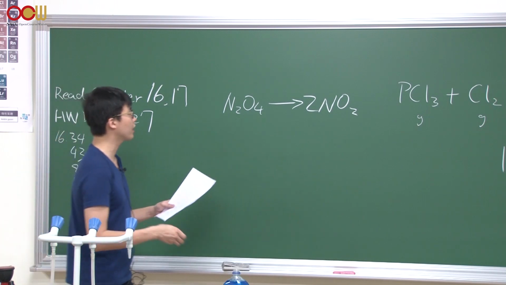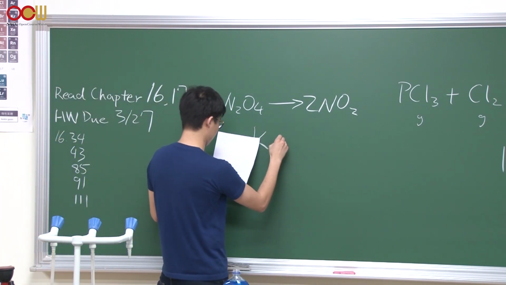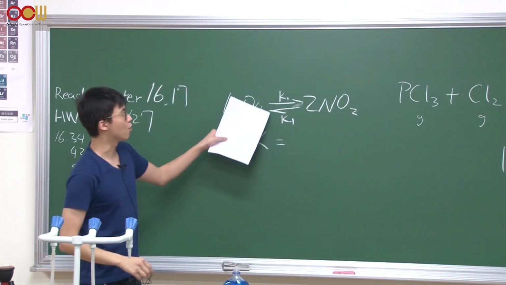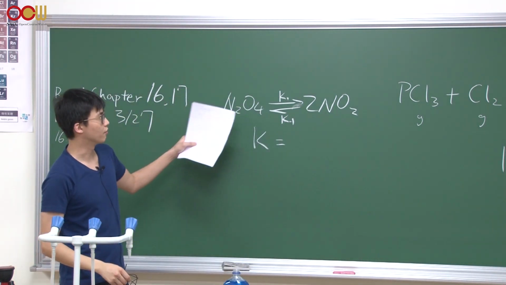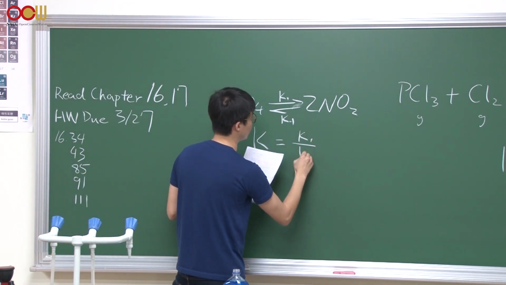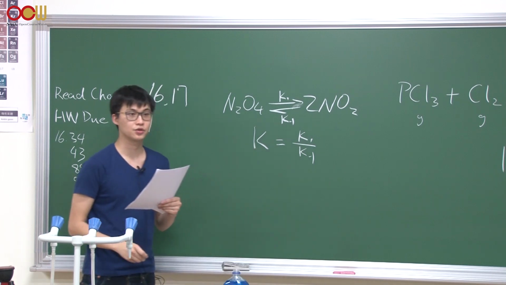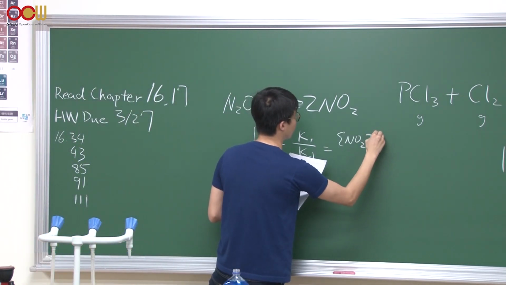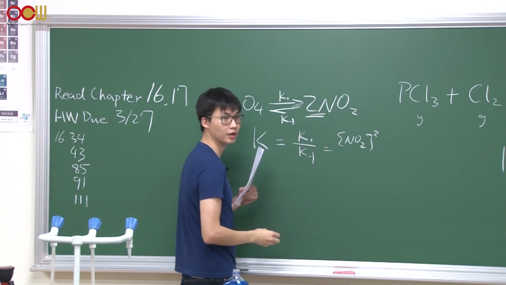If we look at the equilibrium constant of such a system, if I indicate it by K1 and K minus 1 for going forward and backward, the equilibrium constant is essentially the ratio of these two rates. And again, we can do product over reactant. The square comes from here.